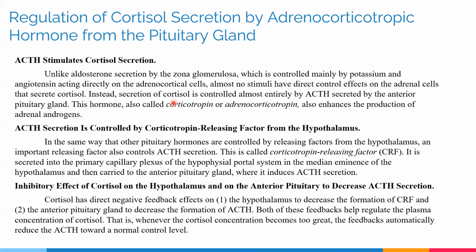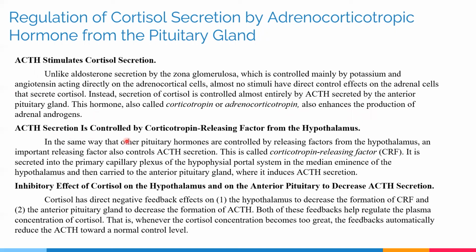Instead, secretion of cortisol is controlled almost entirely by ACTH secreted by the anterior pituitary gland. This hormone, also called corticotropin or adrenocorticotropin, also enhances the production of adrenal androgens.